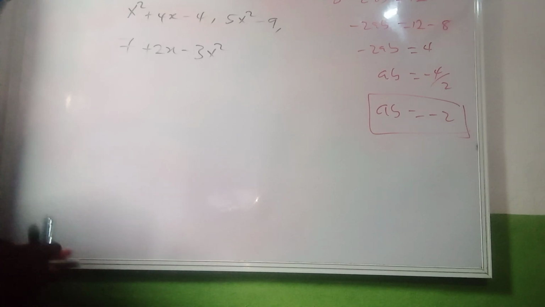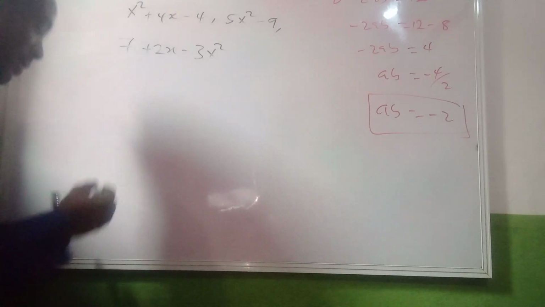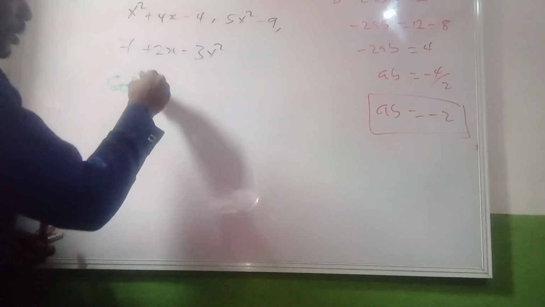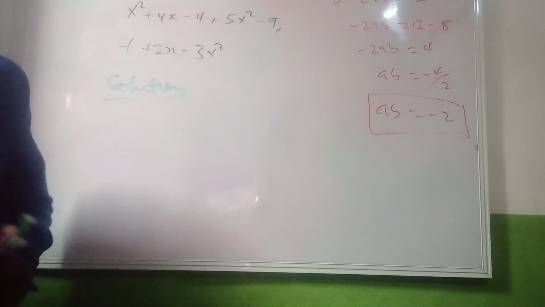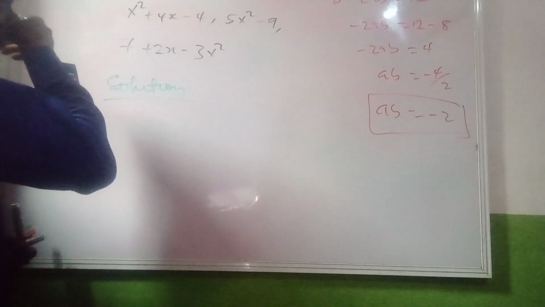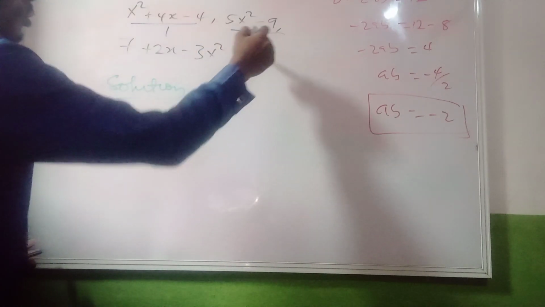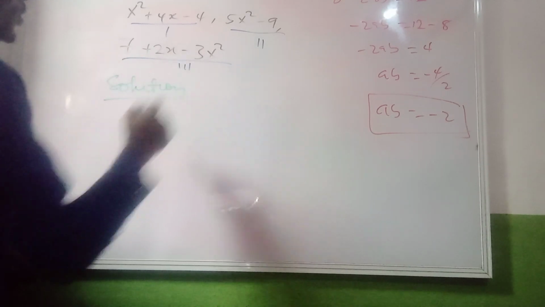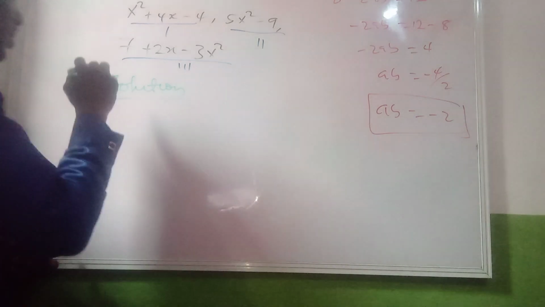From the solution, we see how slowly and easily it can be done. Solution. We have 3 expressions, so we are going to add the whole of the 3 of them and divide by 3. Now this is what we do.